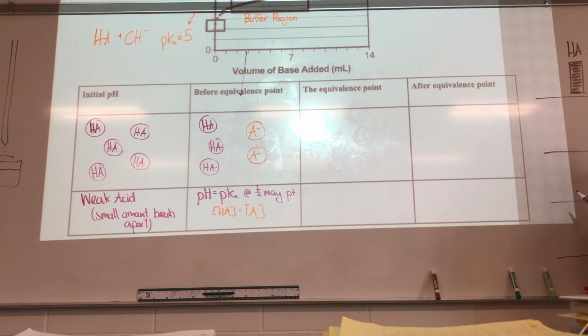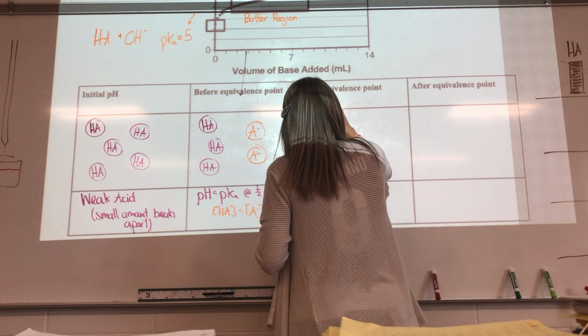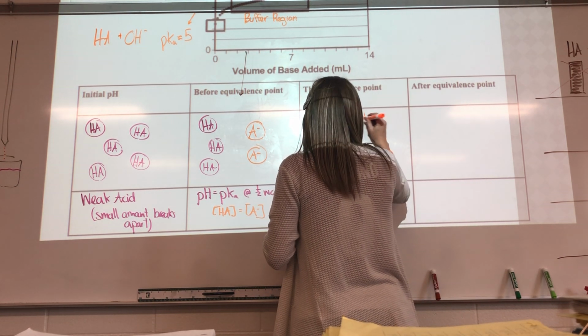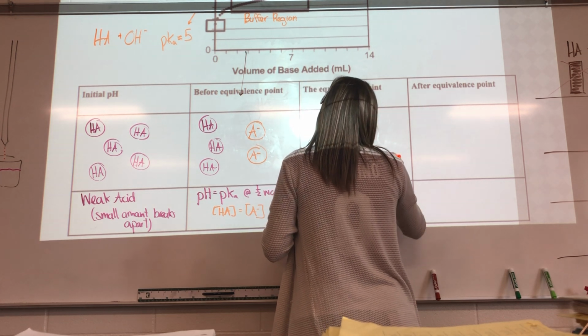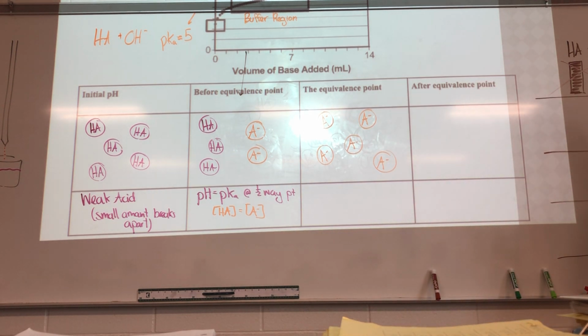And if these two things are equal, are they there anymore? No, they're gone. They react and turn into the same amount of A minus. So as many HAs as you originally had should now all be A minuses. So you can have a smiley face if you have that ratio.